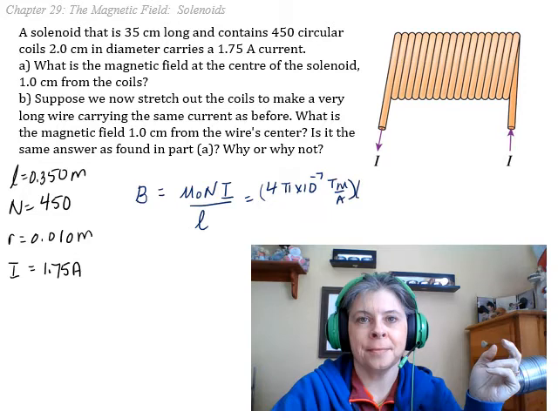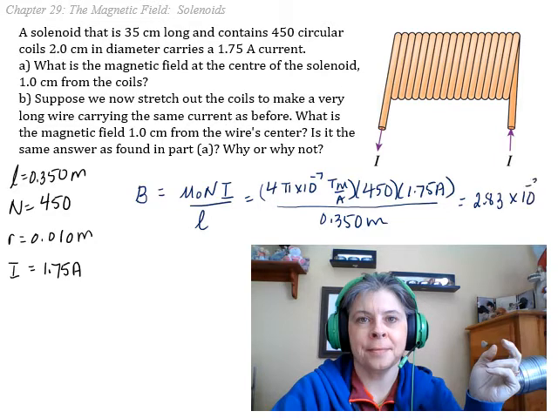Multiply that by the number of coils, 450. 450 doesn't have any units. Multiply that by the current, 1.75 amps, and divide it by the length of the solenoid, 0.350 meters. If you do that, you get a magnitude of magnetic field, 2.83 times 10 to the minus 3 Teslas.